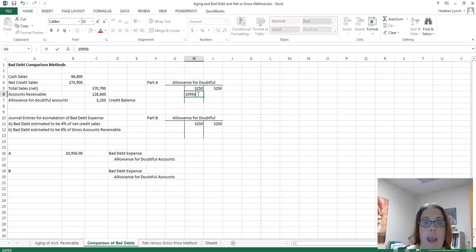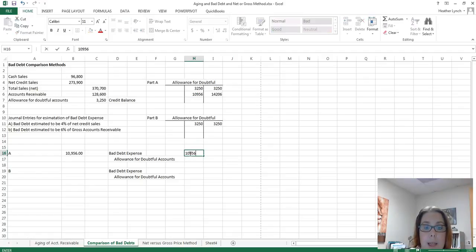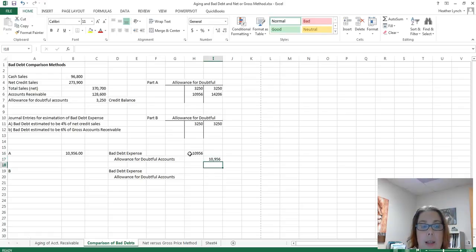I'm just going to add that amount to it. So I will add $3,250 plus the $10,956. But my bad debt expense is going to be $10,956. My allowance for doubtful accounts is going to be the $10,956. Similar to what we did previously.